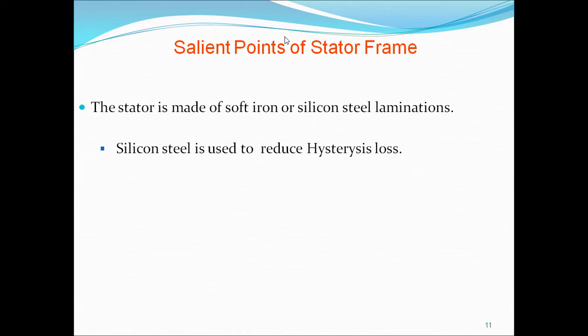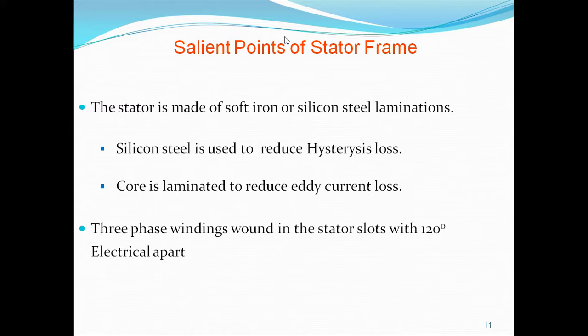Silicon steel is used to reduce hysteresis losses. The core is laminated. Why is the core laminated? Silicon steel is used to reduce the hysteresis losses, and the laminated core is used to reduce the eddy current losses.